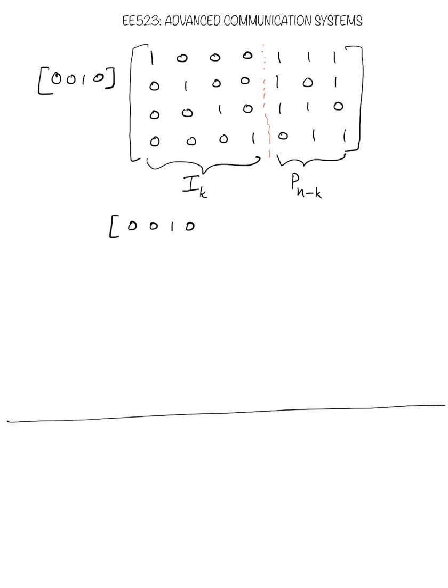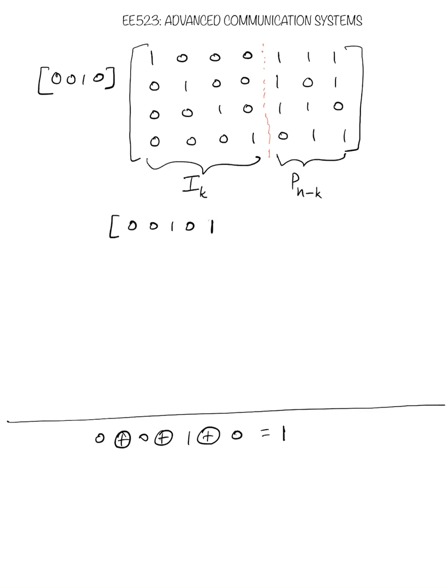So 0 into 1, the first one is 0, plus 0 into 1 is 0, again it's modulo 2, plus 1 into 1 is 1, plus 0 into 0 is 0, so we get 1. So that means the first parity bit is 1.